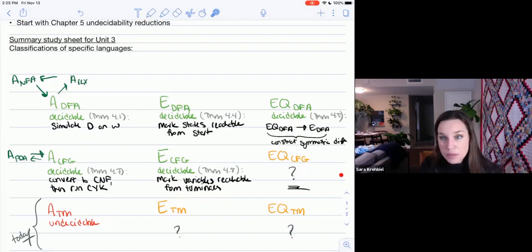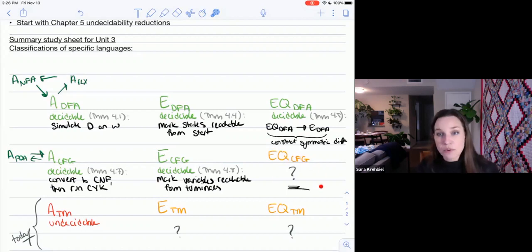The reason we weren't able to do this reduction is that the conversion step, where I take my EQ problem and turn it into an input for an E decider, involved some processes that are not possible in CFGs, even though they are possible with DFAs. The symmetric difference can be written as intersections and complements and unions of machines that we already have. Unions are fine for CFGs, but I can't intersect or complement CFGs and be guaranteed that I'm still going to have a CFG.